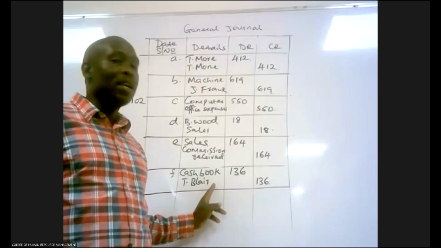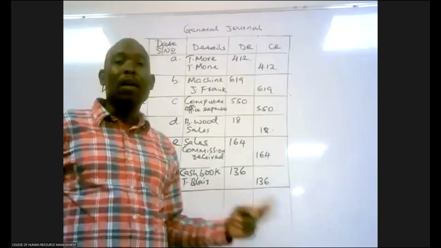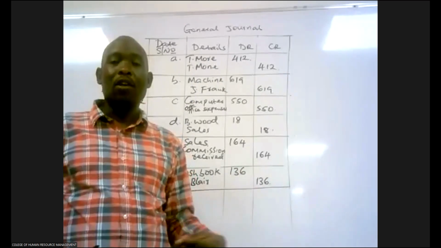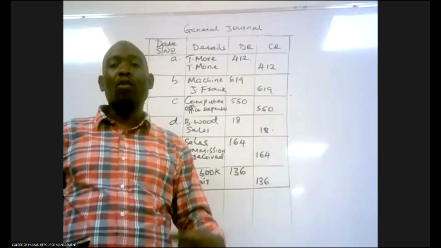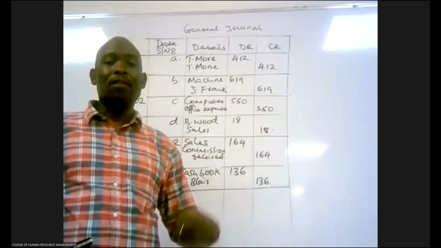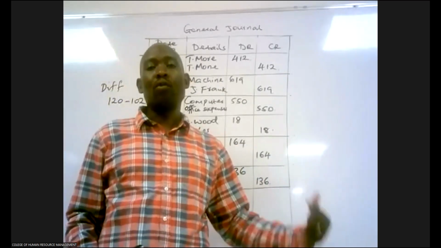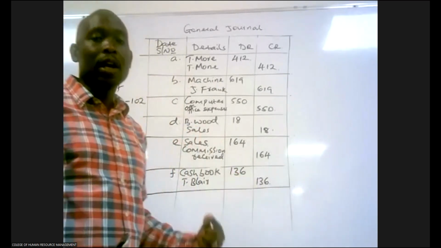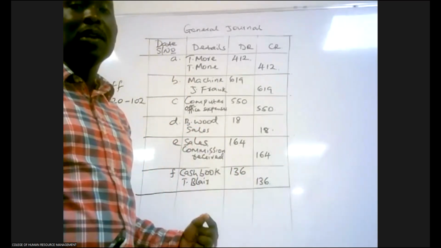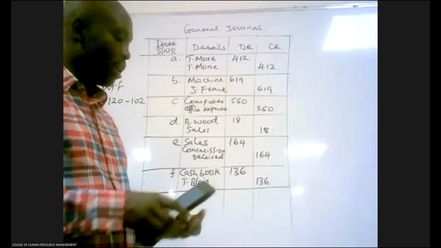The same thing is happening here. T-Brayer was debited instead of being credited. So the first 68 is to cancel the wrong debit. Then the next 68, we are posting it on the credit side because that is where it was supposed to be. We are canceling and posting at the same time.